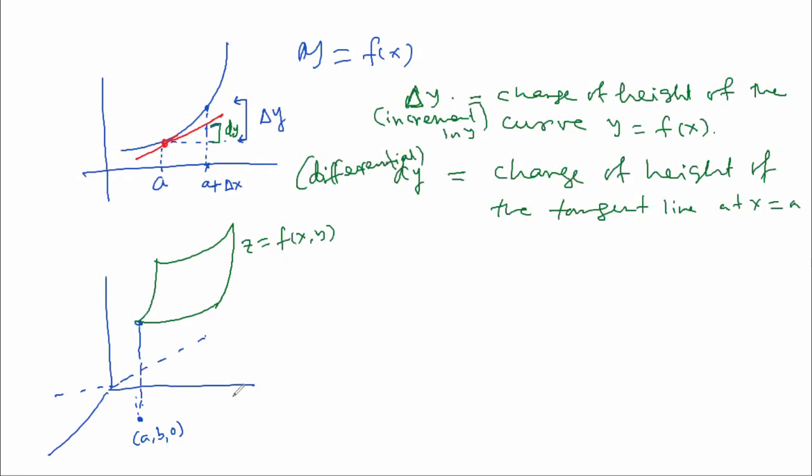Now if you take a nearby point, like this is not nearby, but let's say take this point. And so this is the horizontal plane. So this is z equals f of a, b, horizontal plane.